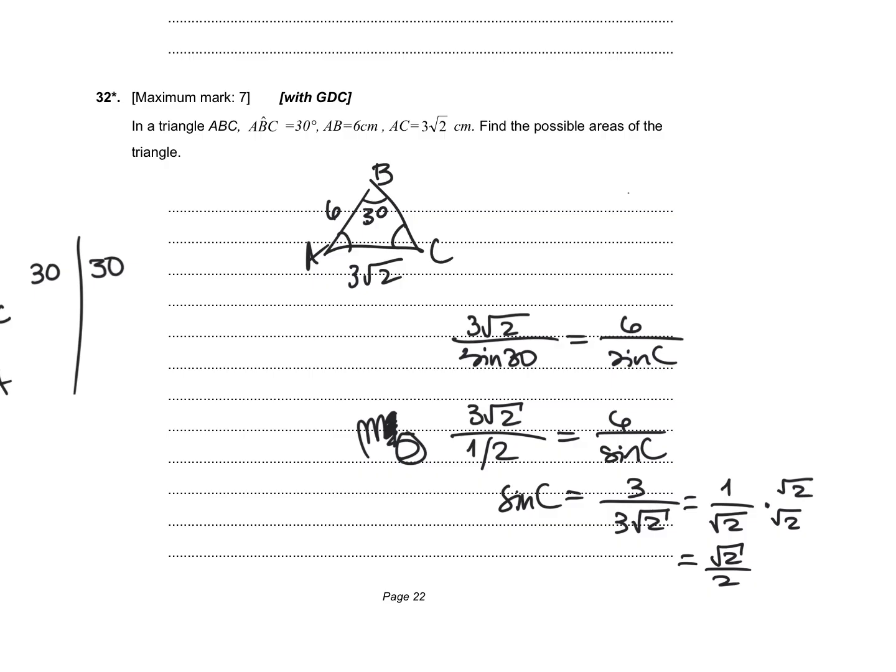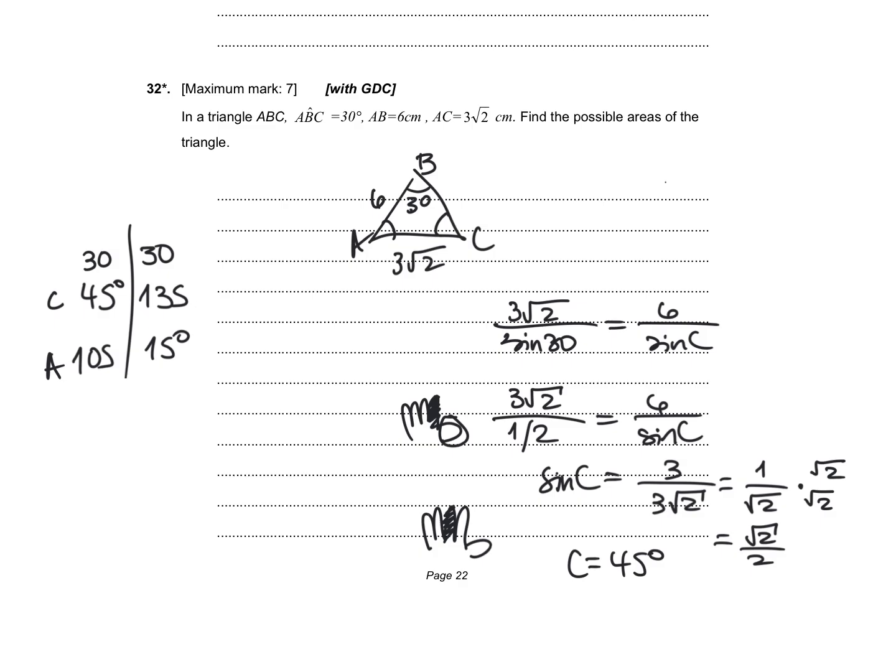Okay? So when is sine √2 over 2, we can make it here. So that's at 45 degrees. Okay? And if we do 180 minus 45 degrees, we get 135. And then that's going to be 105 because it adds to 180. And this is going to be 15 to add to 180.